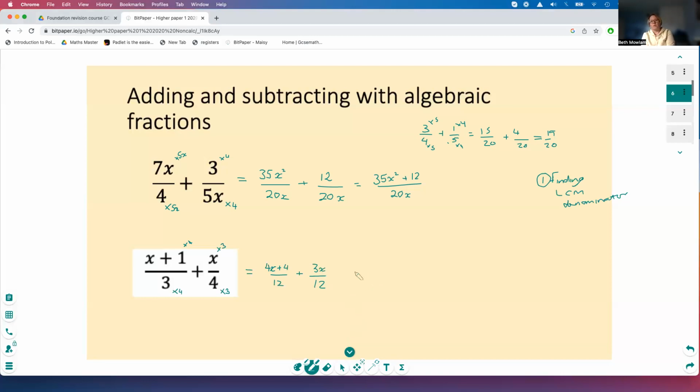Now I have my common denominator, so I can combine 4x plus 3x is 7x plus 4 over 12. Can I factorize that top line? No, I can't. That's in the simplest form.